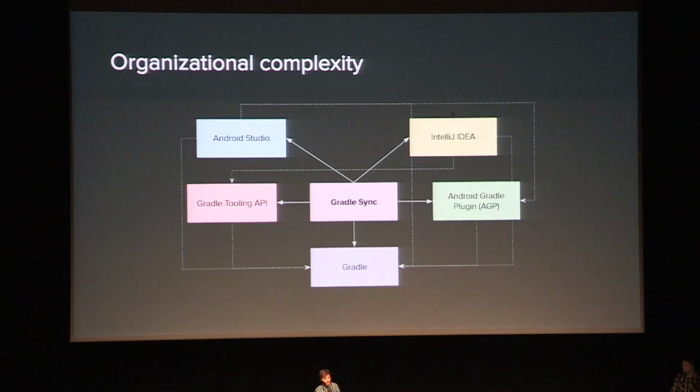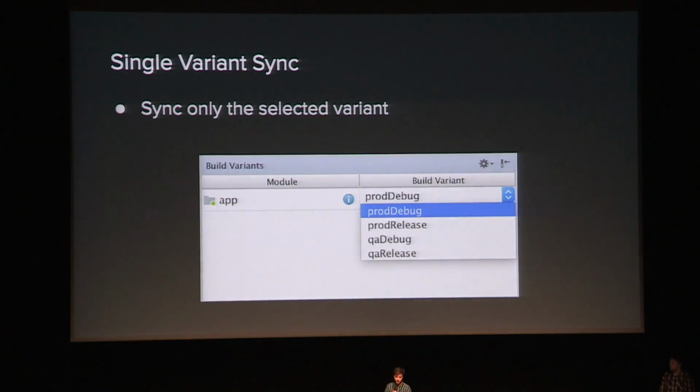But we are making good progress on that, and we hope to have some cool things soon, like single variant sync, for example. This is because of limitations in IntelliJ itself: we can only use one variant at a time. So even if you have multiple variants, only one of them is used at a time in IntelliJ, and you can't access the other source code, etc., except by changing the build variant, but then the other one is selected, not the previous one.